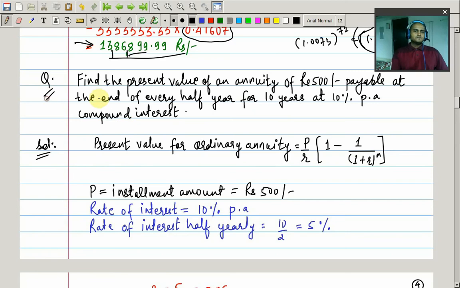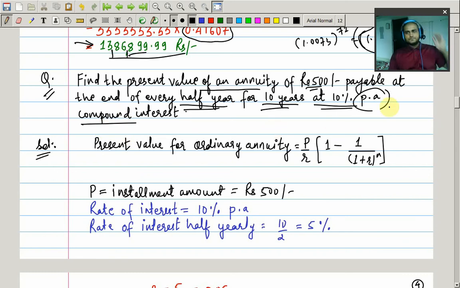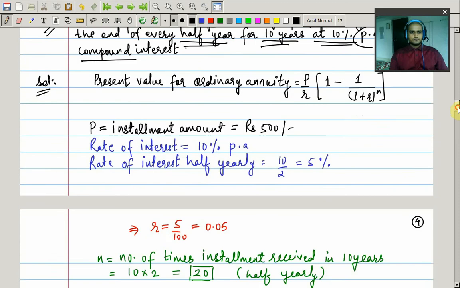Next question. Find the present value of an annuity of rupees 500 payable at the end of every half year for 10 years at 10% per annum, compounded half yearly.